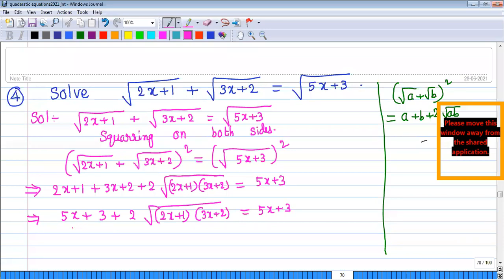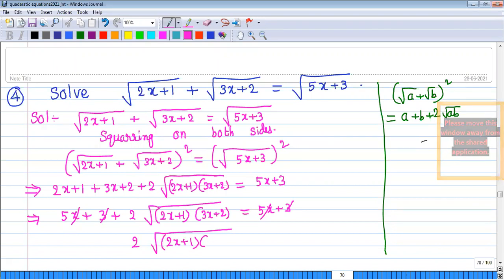Now take 5x plus 3 to the right hand side. 5x cancels, 3 cancels. We have 2 root of 2x plus 1 times 3x plus 2 equal to 0. Now divide both sides by 2.